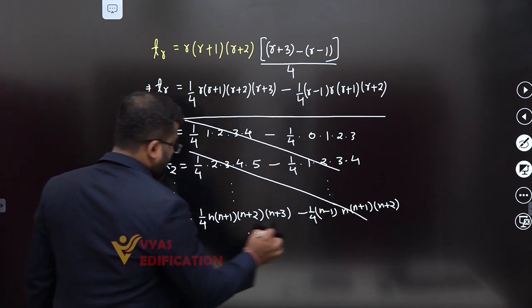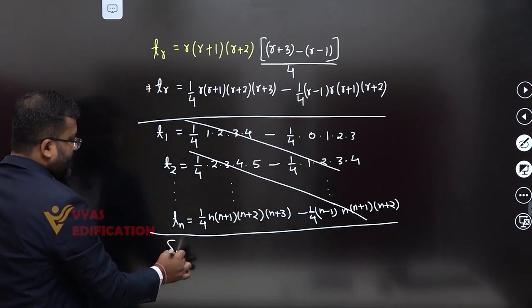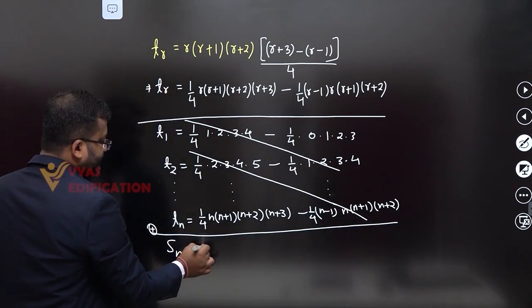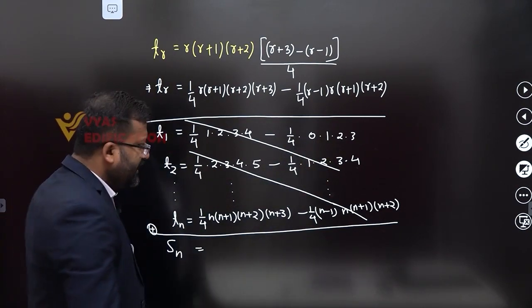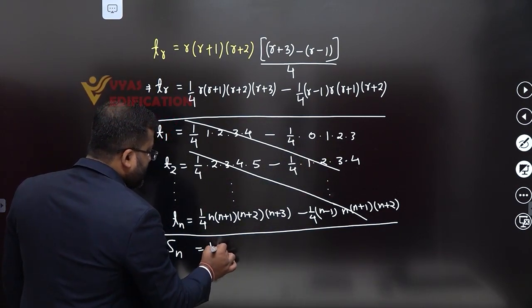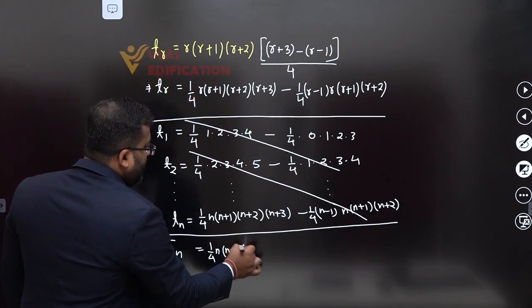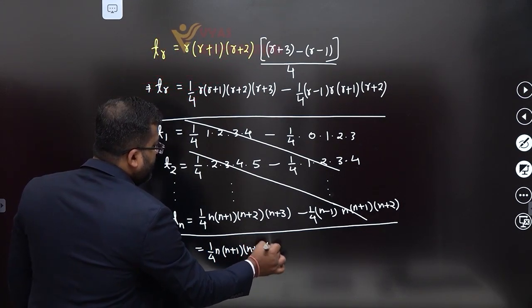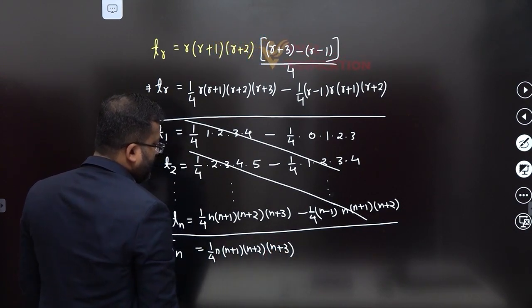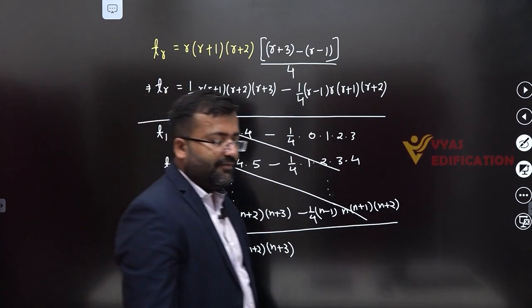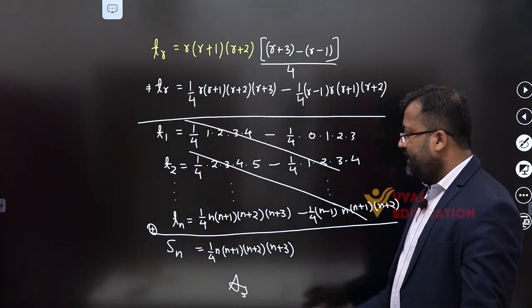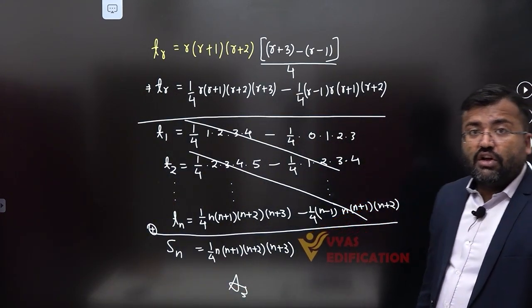So what remains is Sn, the sum of all of these, which is equal to this minus this, which is 0 actually. So this is 1 by 4 times n plus 1, n plus 2, n plus 3. Is that okay? Yes. That is my final answer for this question. Is that all? Yes, that's all in this question, and that's how you can solve it easily.